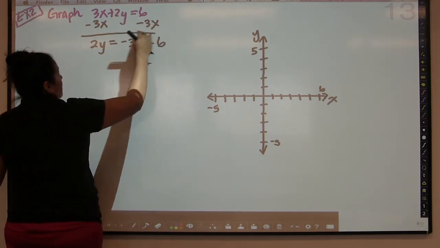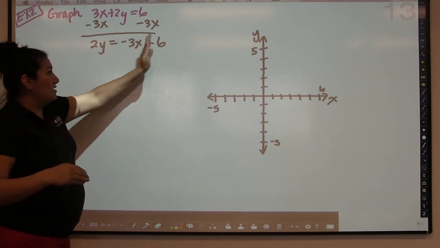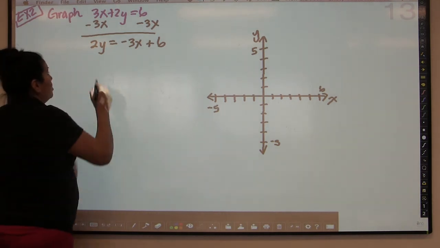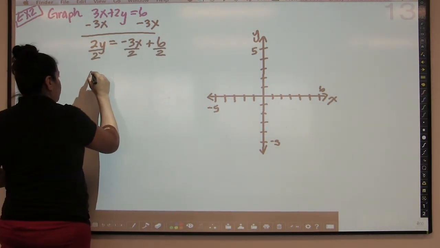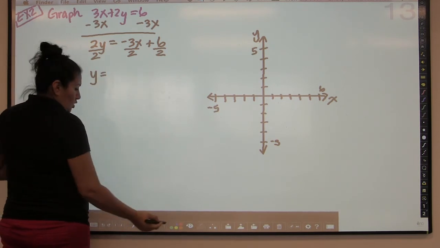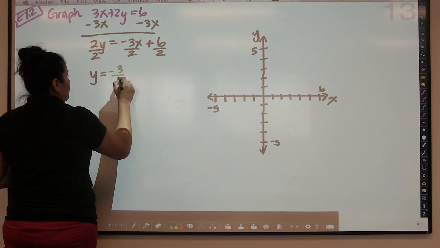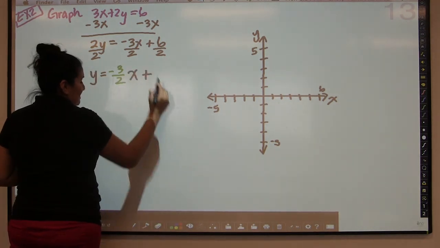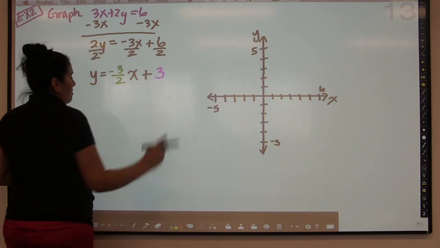So I'm just going to put the -3x first so that I can have it in the right form, y equals mx plus b. But this is not yet y equals, it's 2y equals. So we have to get rid of the 2 as well. So we divide everything by 2. And now we have y equals, our slope is going to be -3/2 x plus, and 6 divided by 2 is 3 in most countries.